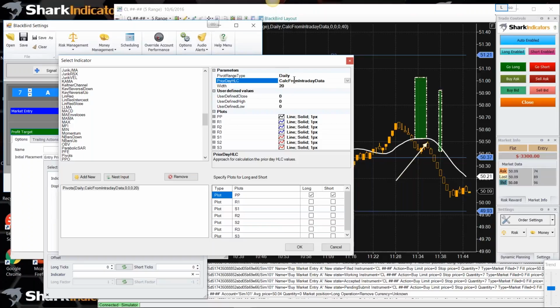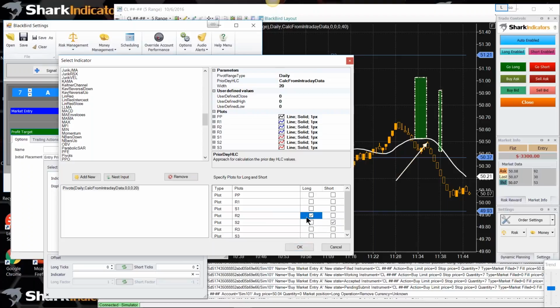So, all right, so let's see. So we've got the prior day high-low close set to calculate from intraday data. And now let's select our long will be R2, and let's see, a short profit will be S2.